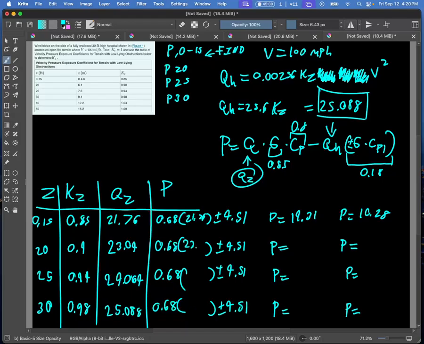And let's plug this in here. 23.04, 24.06, 25.08. Now if we do 0.68 times that number, and then we do the same thing of answer plus and then answer minus. Here I'm getting 20.18.